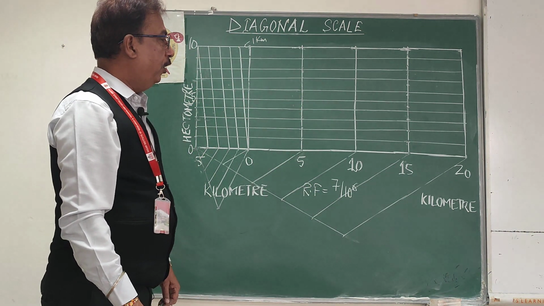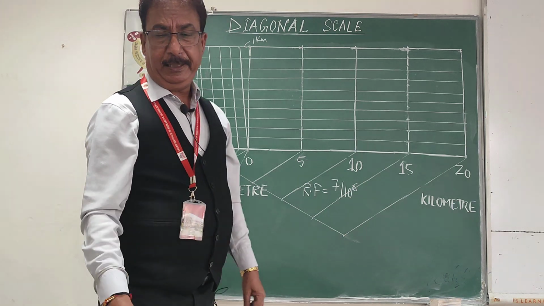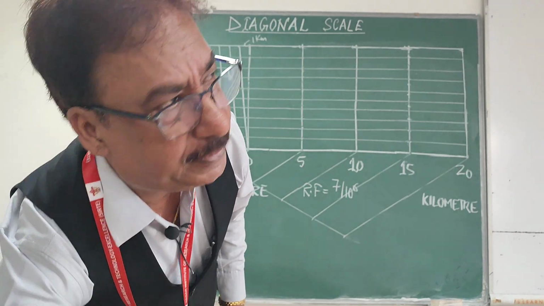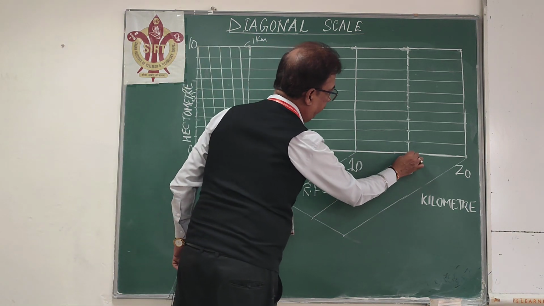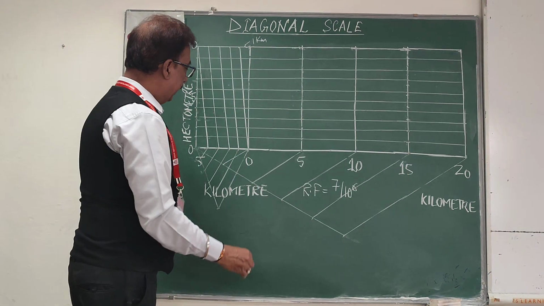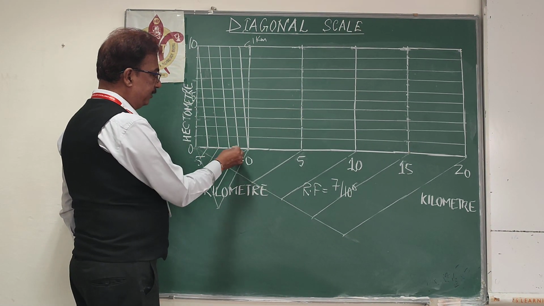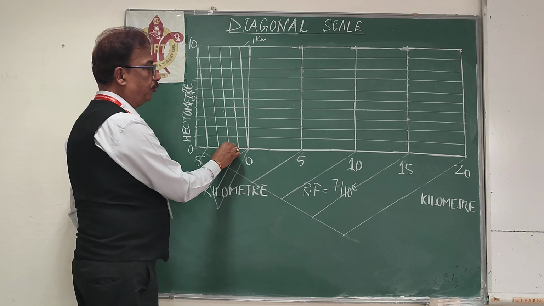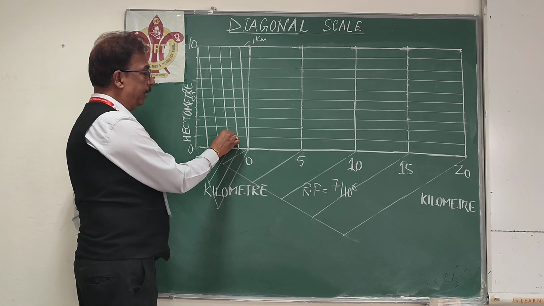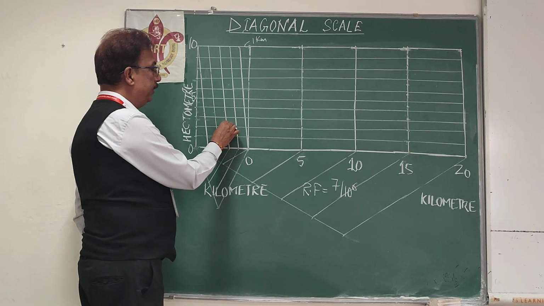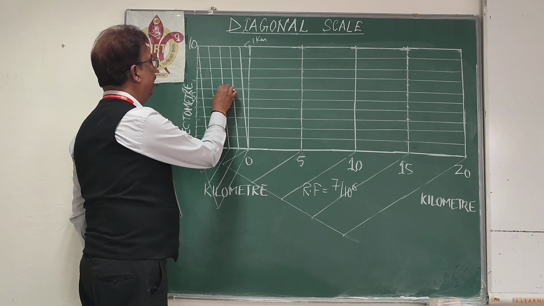Okay, now we want to show a distance of 17.6 kilometer on this scale. Look at this. From 0 to 15 will be 15. Then if I go towards the left side, this is 1, this is 2. So 15 plus 2, 17. If I go upside on this one part, then that is 17.1, 2, 3, 4, 5 and 6.